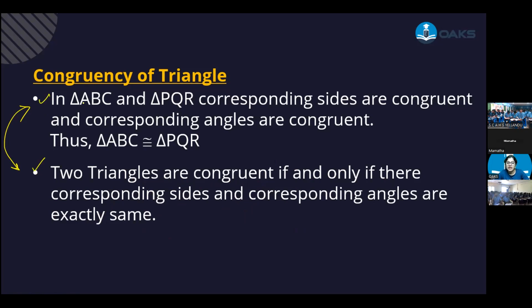If triangles ABC and PQR have corresponding sides and angles congruent, then the triangles are congruent. If the triangles are congruent, then the sides and the angles are exactly the same. Now we will be learning about the different congruency conditions. Let's start.